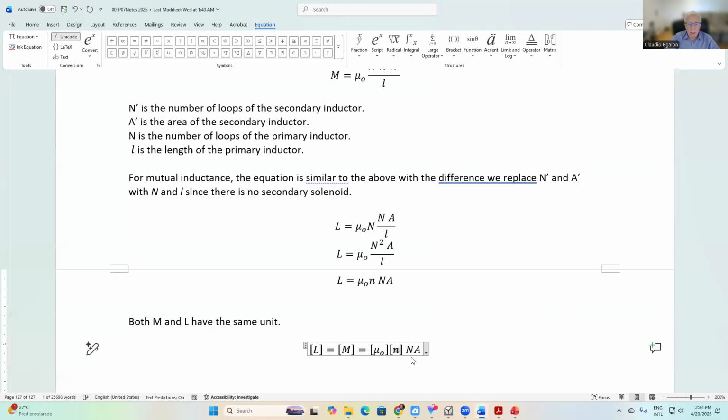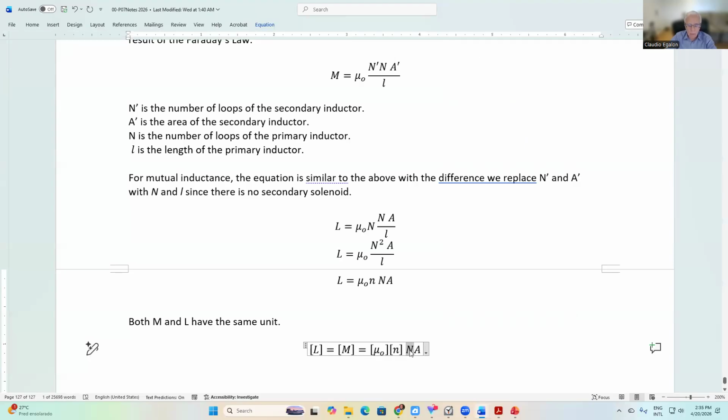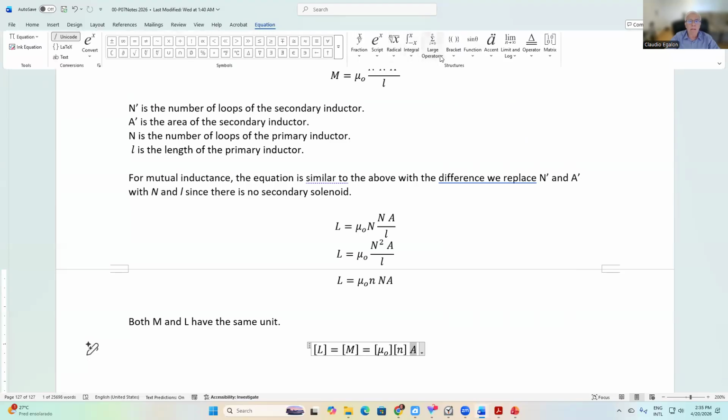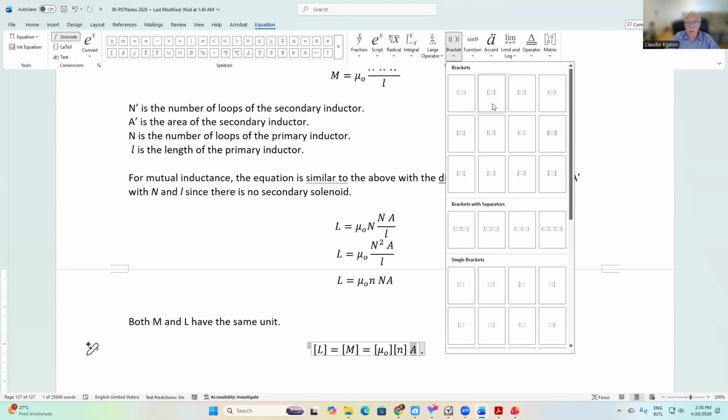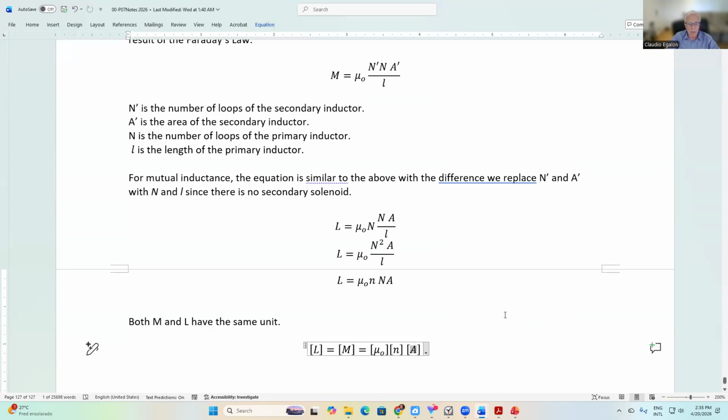Capital N doesn't have a unit because it's just the number of turns, an integer number by itself. This one is going to be 1 divided by meter, and this other one is going to be meter squared.